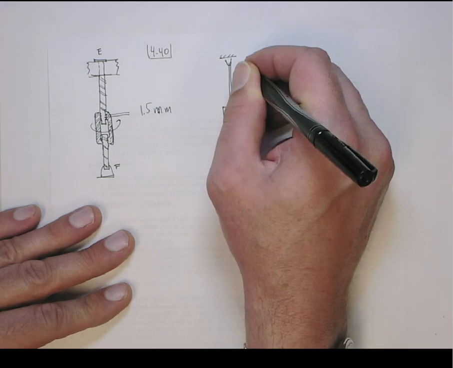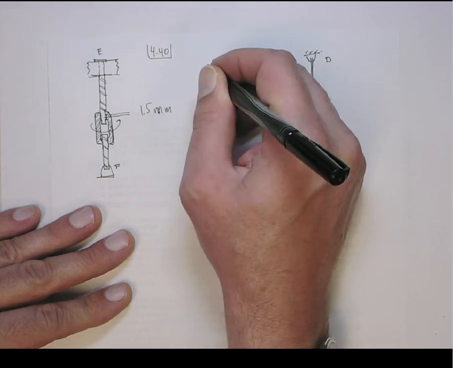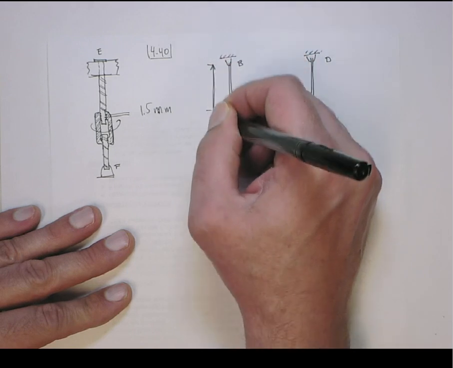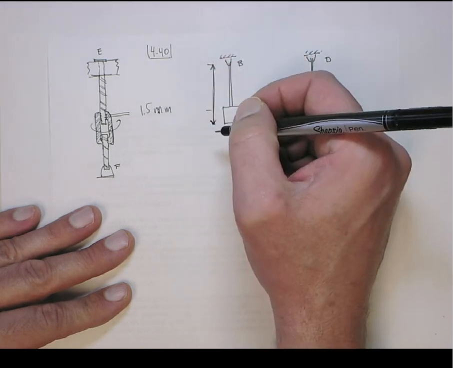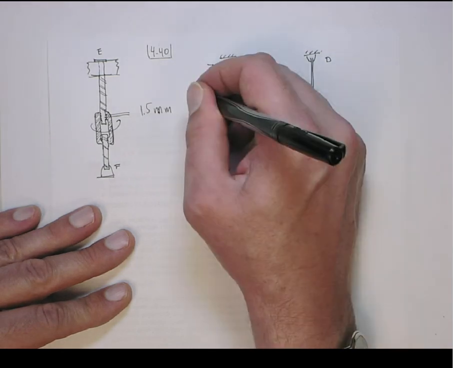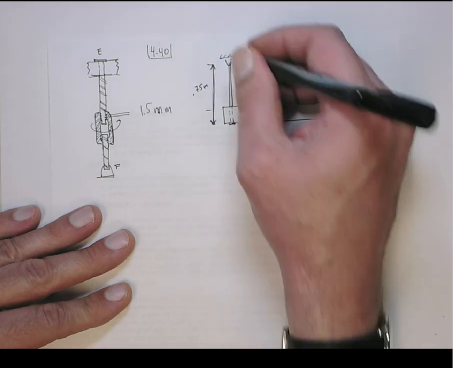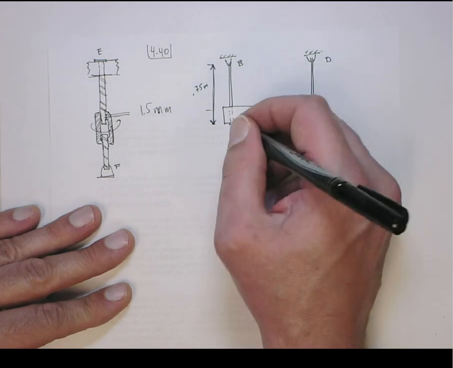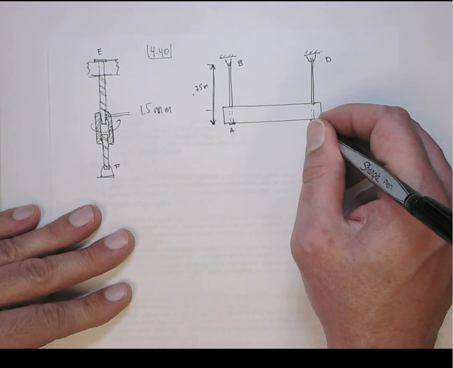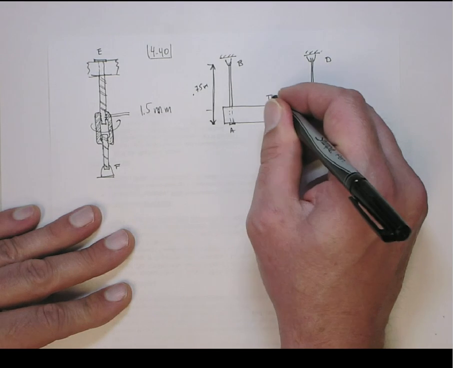This is point B. This is point D. This distance down to here is given as 0.75 meters, because that's the length of the rod. So that's the length of rod AB, which is initially the same as the length of rod CD, and then we've got here point E.